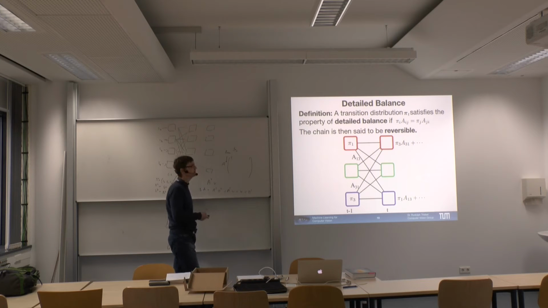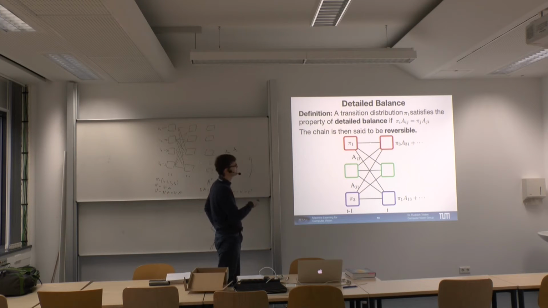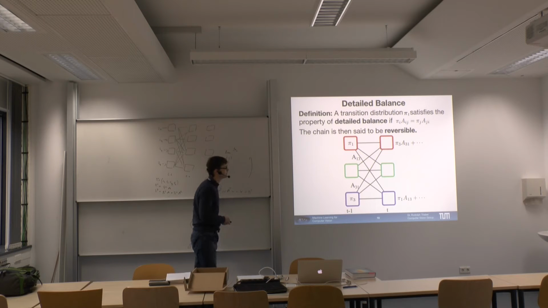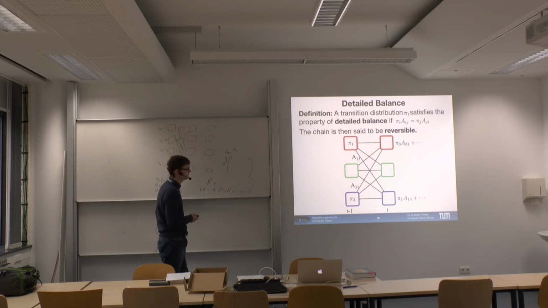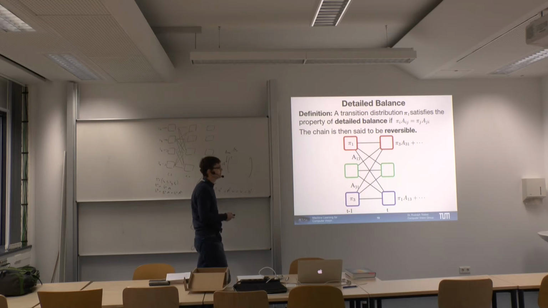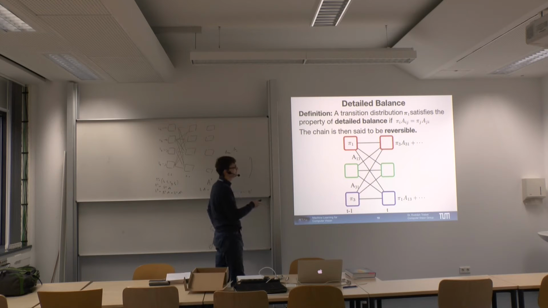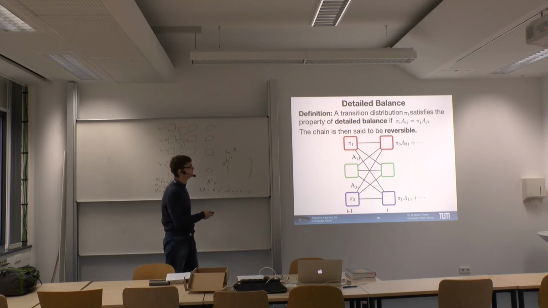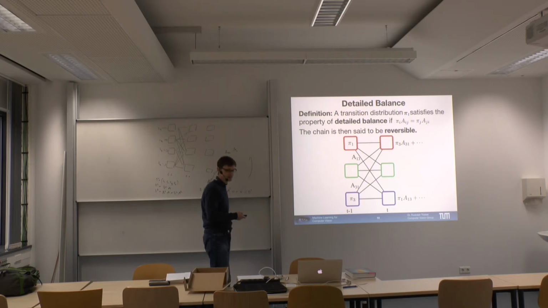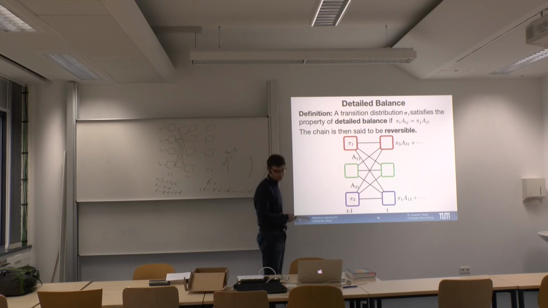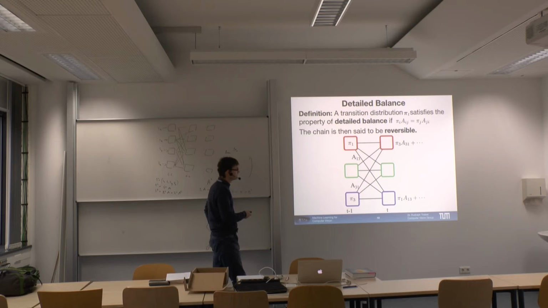If that's the same thing, then we say that pi t satisfies the property of detailed balance with respect to A. And again, now the trick is, for a given pi, to find an A so that the property of detailed balance is met. We also say that the chain in this case is reversible.